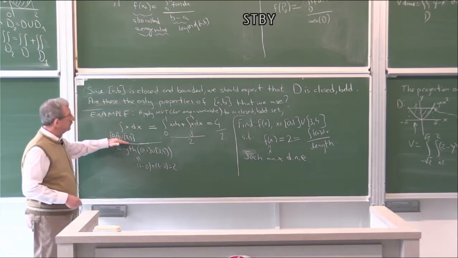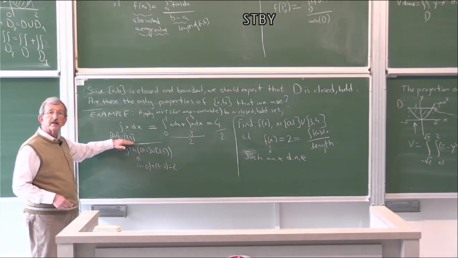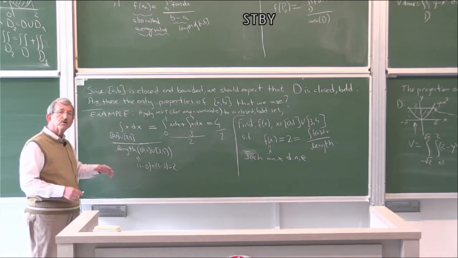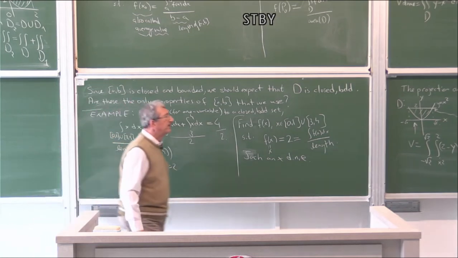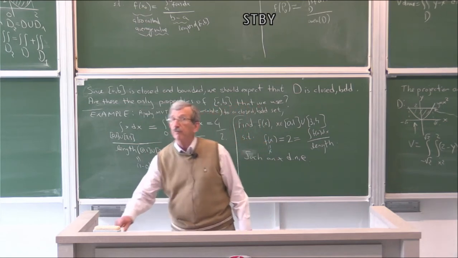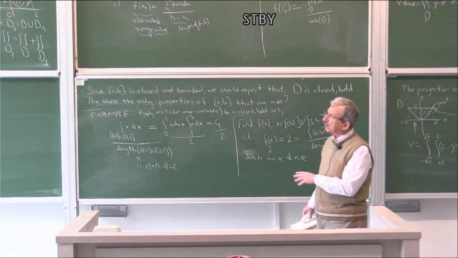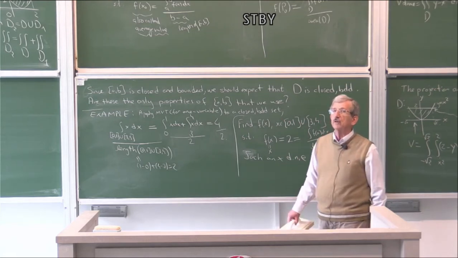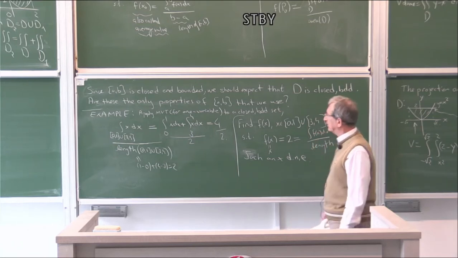Here we don't have it. This set is in two pieces instead of one. So this is a fundamental property that we use when we discuss the mean value theorem. It is already there in an interval, so we didn't pay much attention to it. But in the case of two variables, this becomes important.